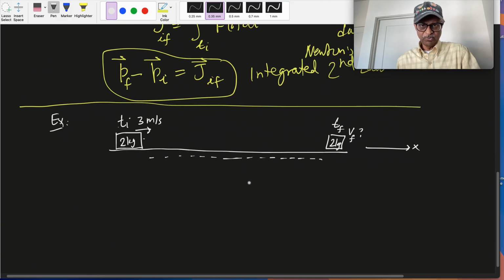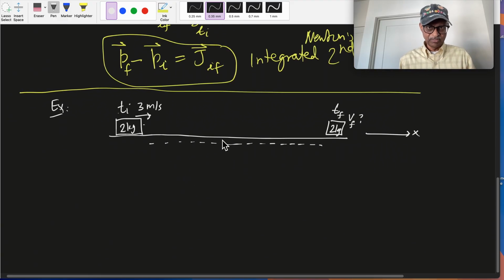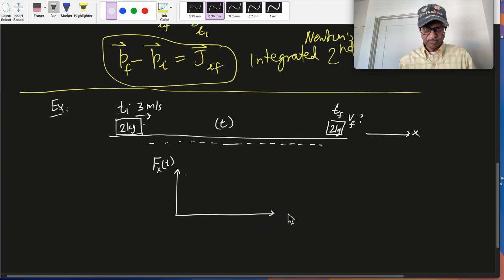If you look at the force at some instant t between Ti and Tf, and plot it, this is the Ti, conveniently put at 0, and this is the Tf.